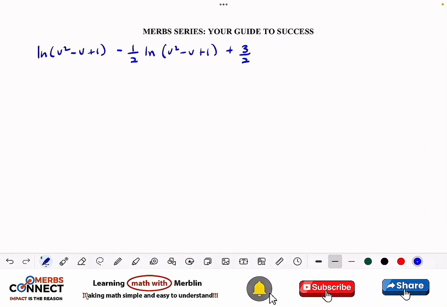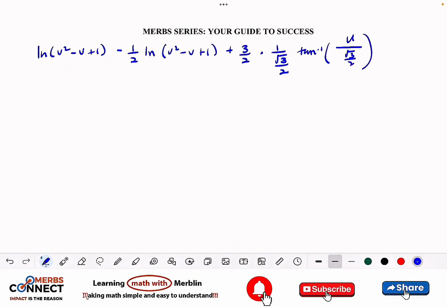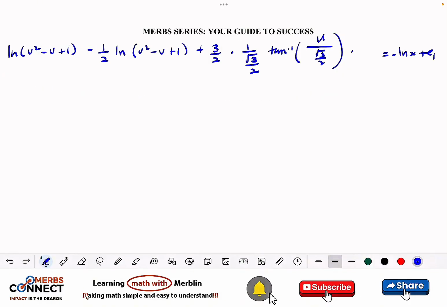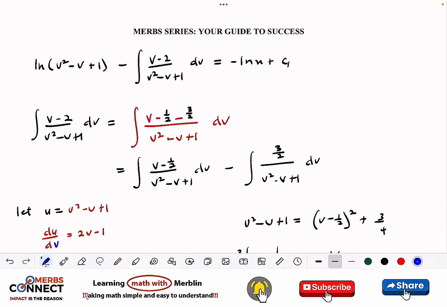So I'm going to have times 1 divided by root 3 over 2, then the arctan or tan inverse of u divided by root 3 over 2. Then this is equal to, so don't forget, this is supposed to be equal to minus ln of x plus c1. I think I'm done with the integration, so I need to add plus c to it. So plus c2 here. So that is what we have here.